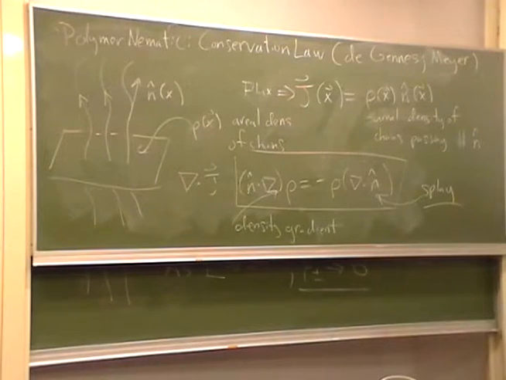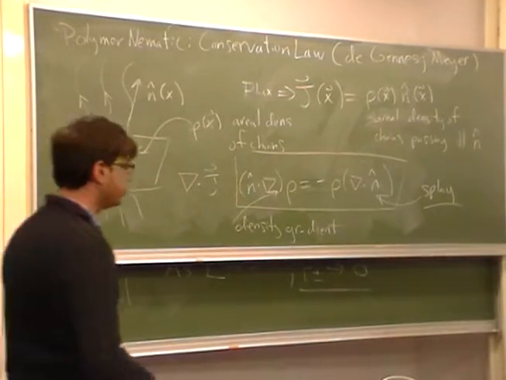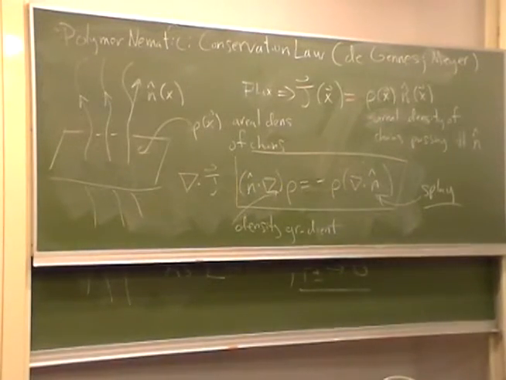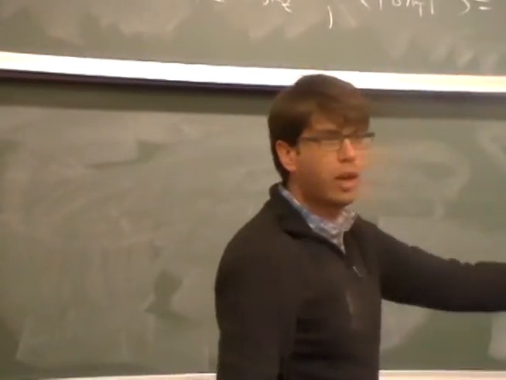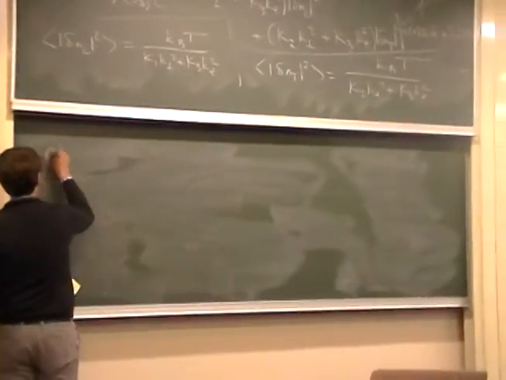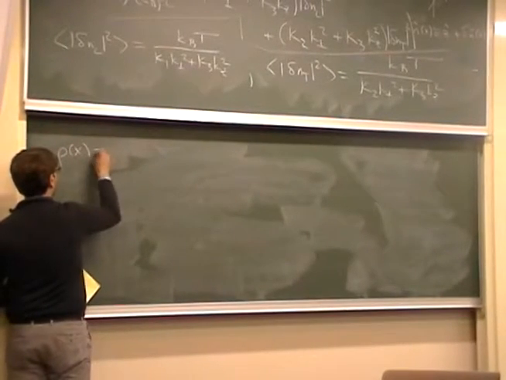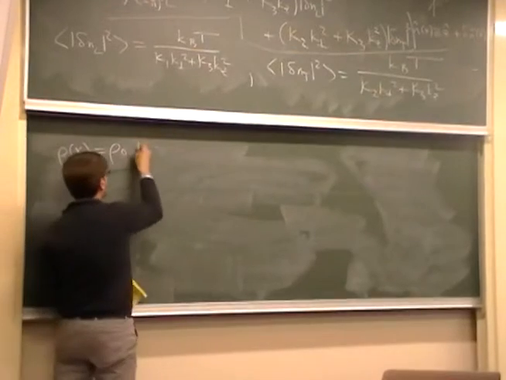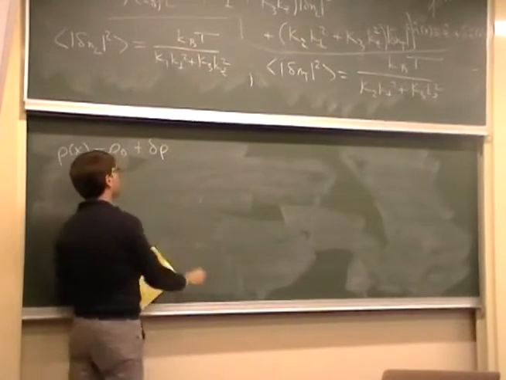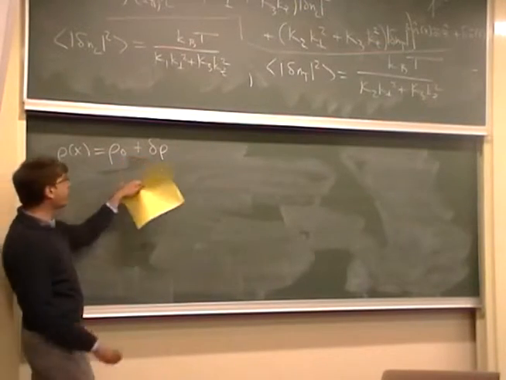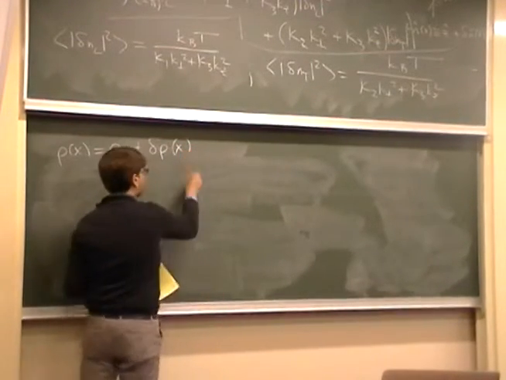So we're going to again use the idea of taking a system which is almost homogeneous and consider weak fluctuations of that system. So, for example, we'll consider rho of x to be almost equal to the preferred density rho 0 plus some perturbation of the density, exactly the same form that we saw in Christina's lecture this morning, delta rho, which is some function of x.